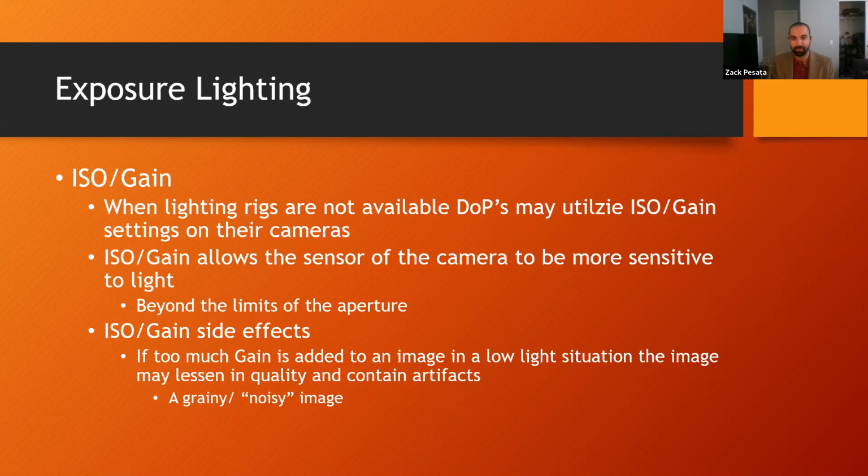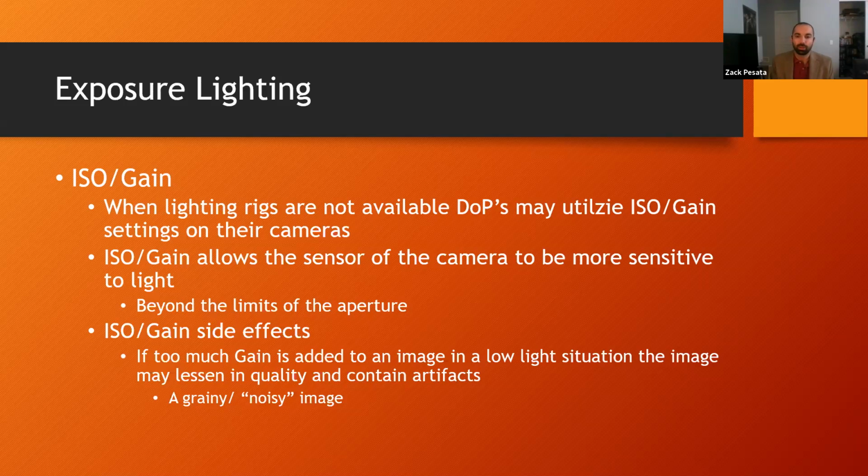A lot of cameras have minimum ISO settings where you have to have a 500 ISO to record anything. But they have a range, so you can have a higher ISO if you're dealing with a lower light situation.